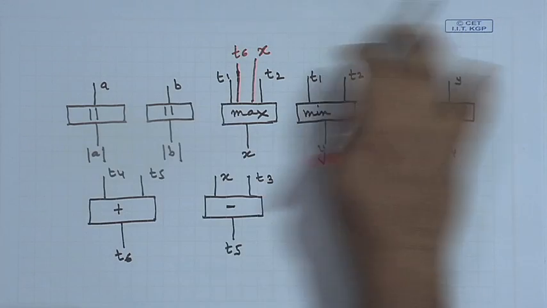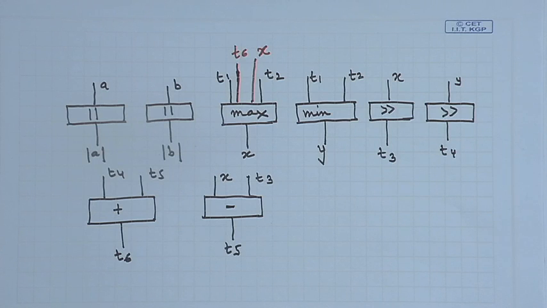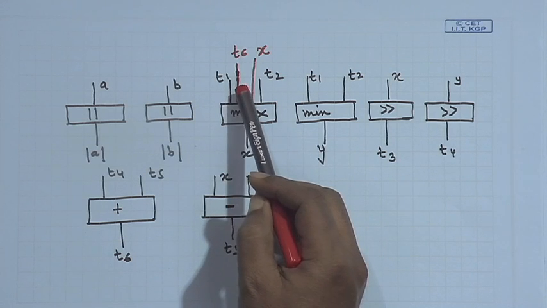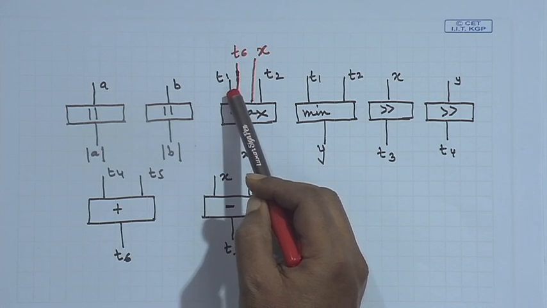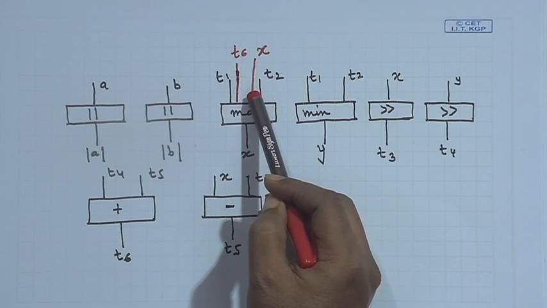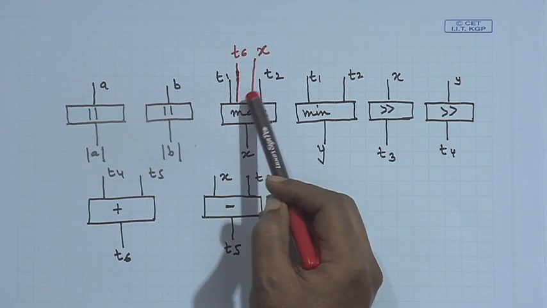Now looking at this usage pattern, let us mark these edges where the resources are being used. For example, you see T1 and T6. These two variables are being used in the same max. T2 and x are using the same max, right.